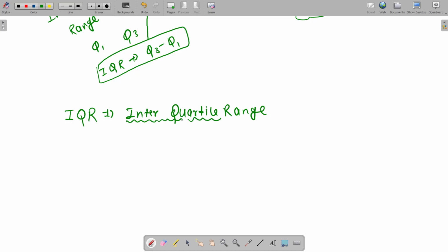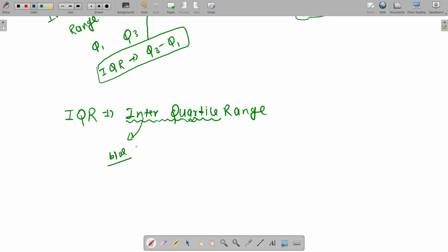Our first job is to understand what interquartile is. If I ask what is the meaning of inter, what will you answer? Inter means between, and quartile means four equal parts.